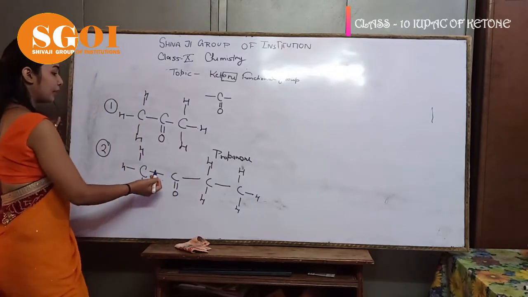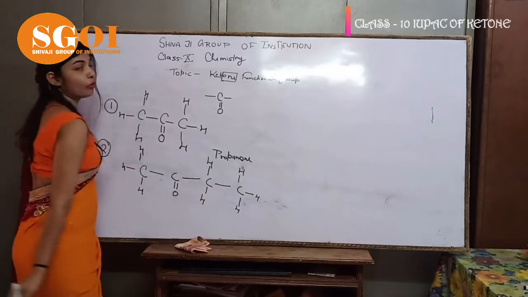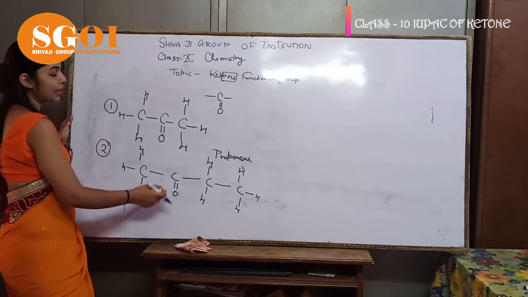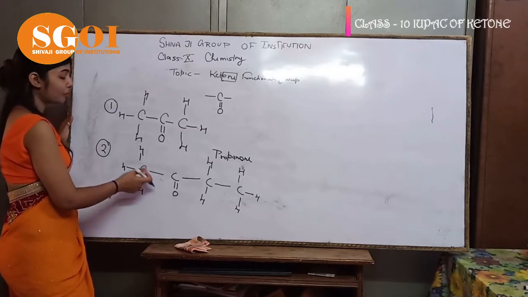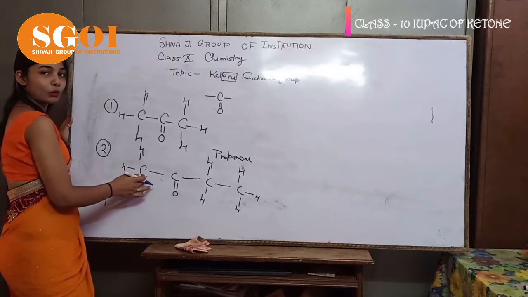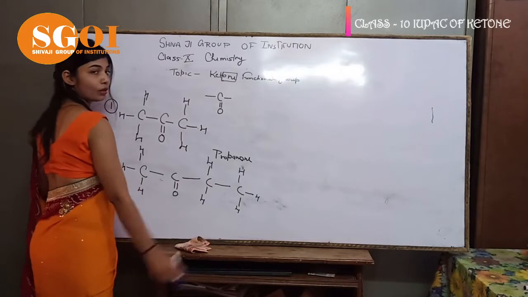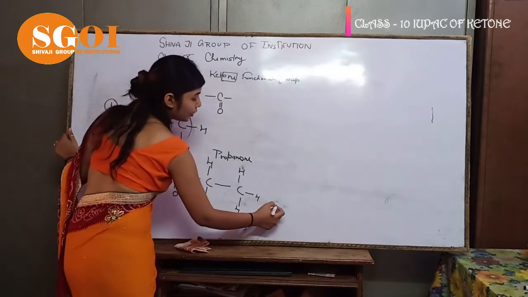So students, in this problem 1, 2, 3 and 4, there are 4 carbons and the CO functional group is present from this side 1 and 2. Second position, that is where we start the counting from this side. 1, 2, 3 and 4. It has 4, that is where we use but.